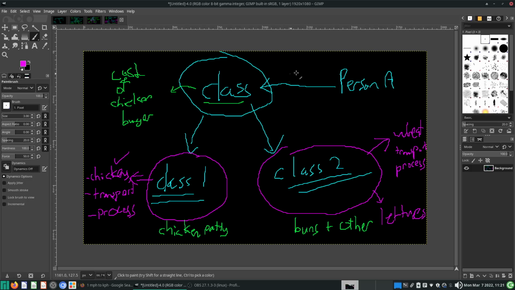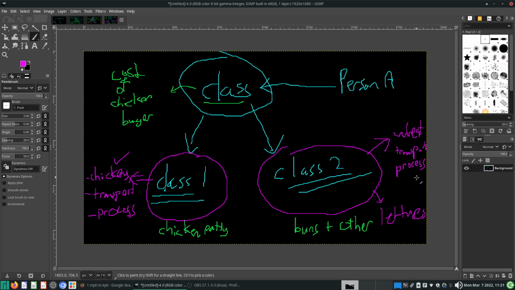But person A doesn't want to deal with all these functions that calculate how much it costs to raise a chicken, to transport chickens, to process chickens. Likewise, person A is not responsible for the functions that estimate how much wheat will cost, how much it costs to transport and process that wheat, say for lettuce, pickles, mustard, barbecue sauce, whatever.